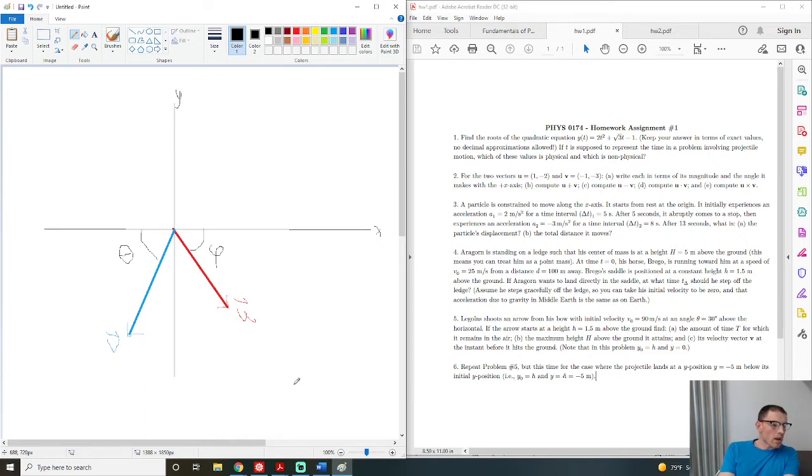And the way that we narrow down the choices is by applying the right hand rule. I take my right hand, I point my fingers in the direction of u, curl them towards v, and now my thumb is pointing into the screen, or into the page. And that means that it should point in the negative z direction.